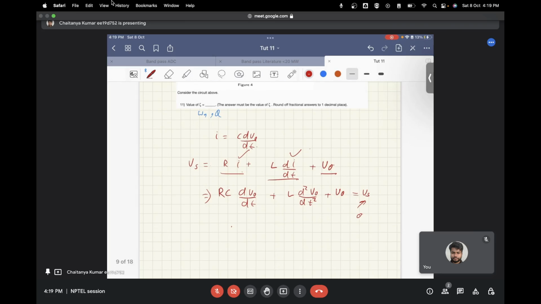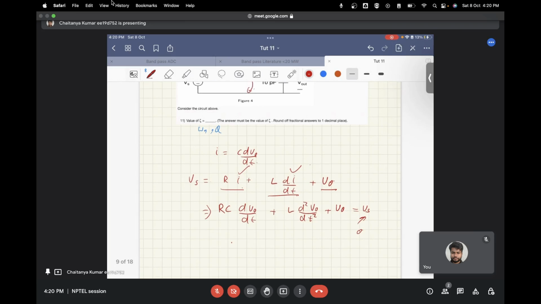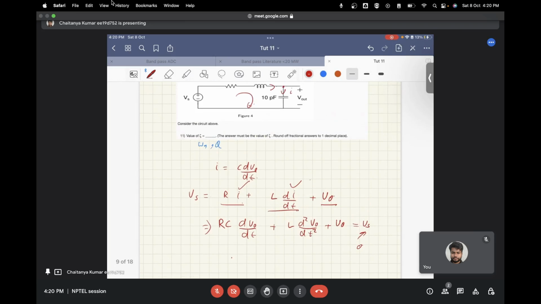I times R plus L dI by dt plus V naught is equal to 0.